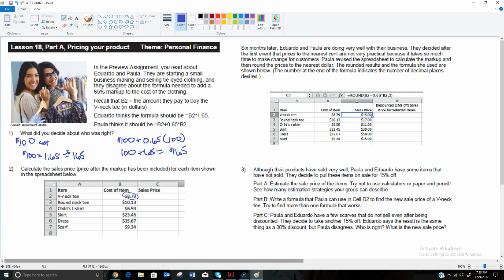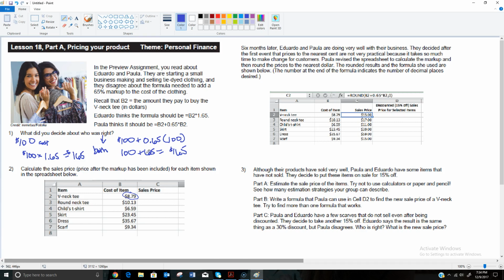It takes the original amount, which would be represented with the 1 being 100%, and the 65% all at once. So take your original amount and just multiply it by 165%, or 1.65, and then the 1 is going to keep your original amount, and the .65 is going to add on your 65%. They both work. So now it says calculate the sales price after markup has been included. So who's right? Both.